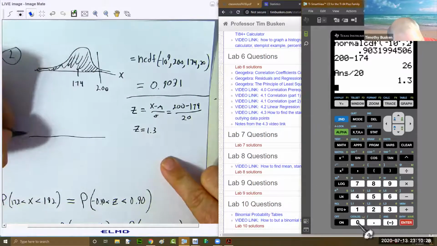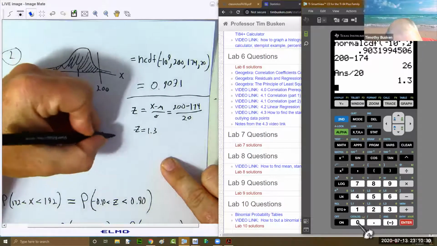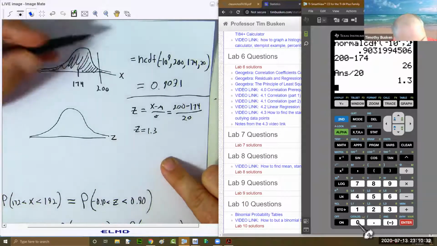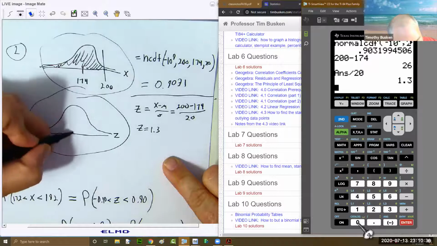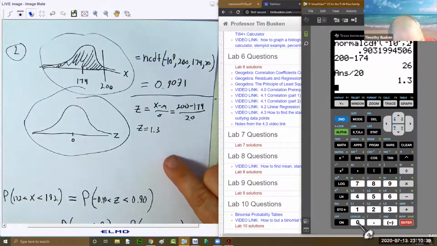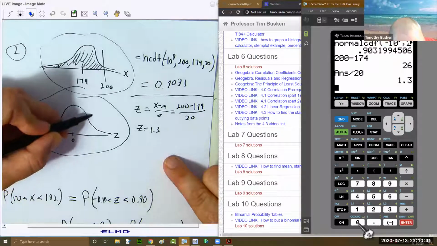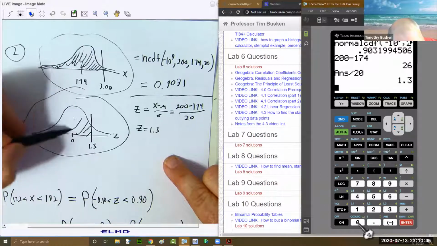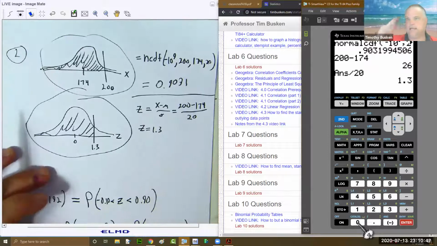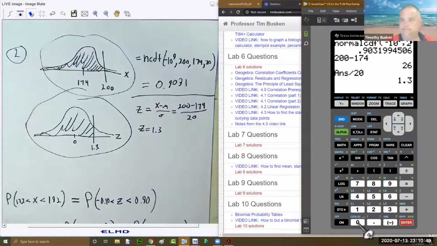Here's a picture of the standard normal distribution. So I've got two pictures, a picture of the normally distributed variable x and a picture of the standard normal distribution centered at the origin. 1.3 is going to be to the right of 0. The cumulative area to the left of this, these two areas are equivalent.